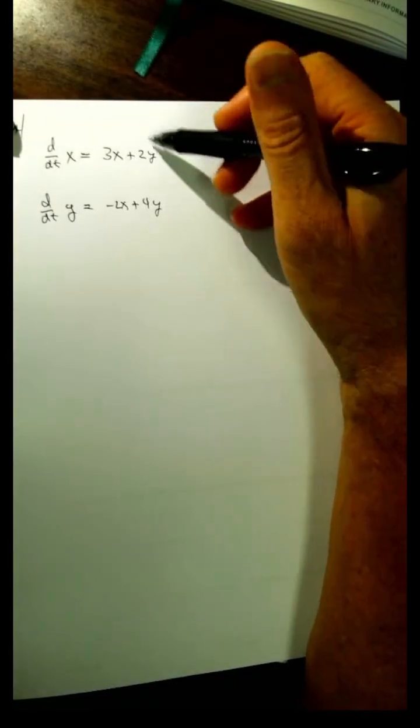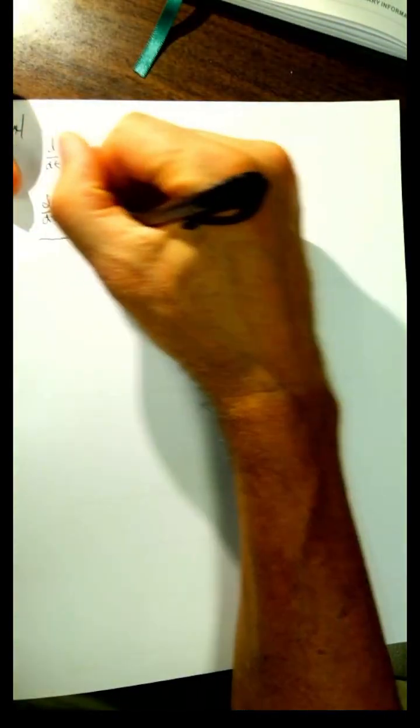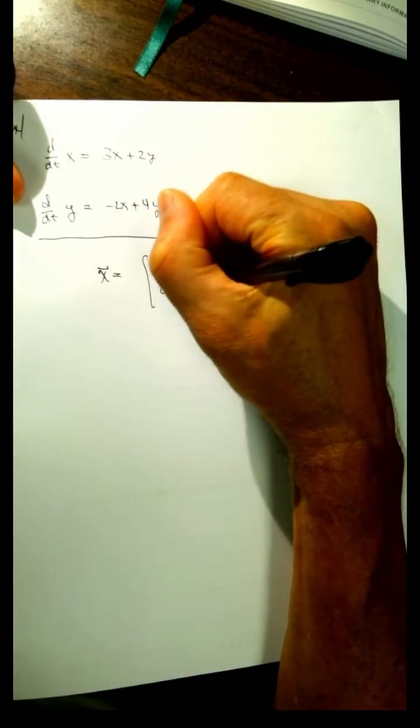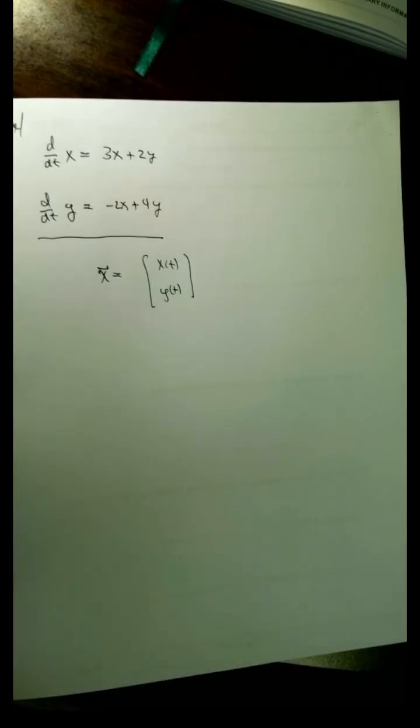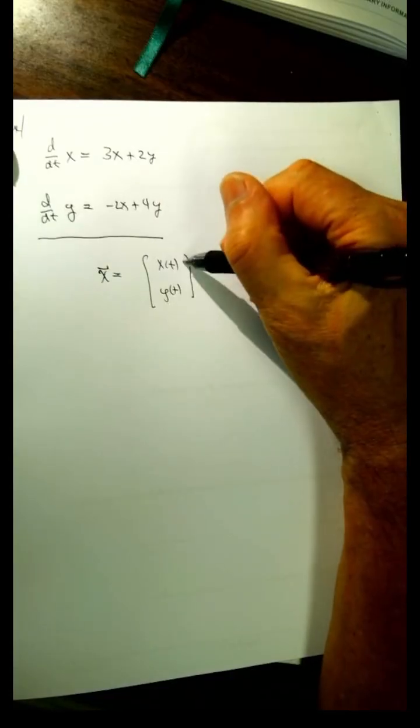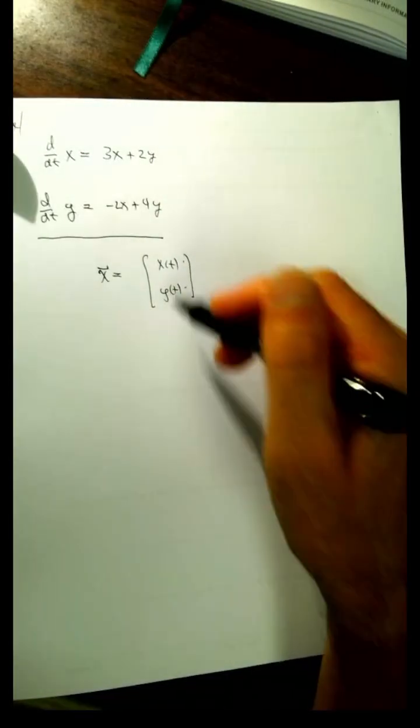In order to solve this, this is going to be a mess to solve and work with. But it turns out if we write these in terms of matrices, it's going to make our lives much easier. So we're going to define our state variable as a vector. Notice this has an x component and a y component that changes in time.